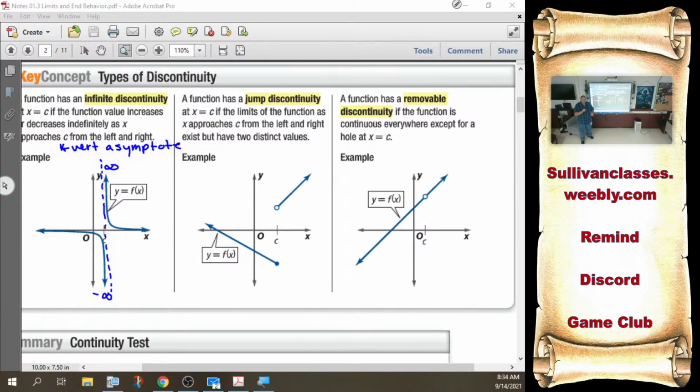Okay, what types of functions did we have that said X does not equal 2 or 5? We were just doing these the other day. Well, in set builder notation, we said all X such that X does not equal this or this. What type of function had that? Because that's where we're going to see infinite discontinuity.